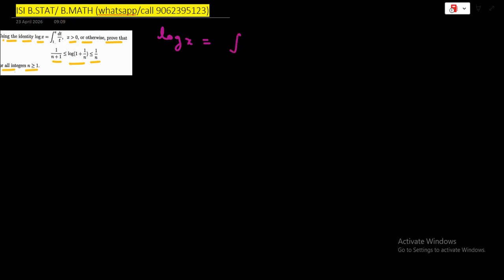So we are given log x equal to integration 1 to x of 1 by t dt, and x greater than 0. Now using this we have to prove this inequality. First, don't jump into solving. ISI loves students who pause and think.